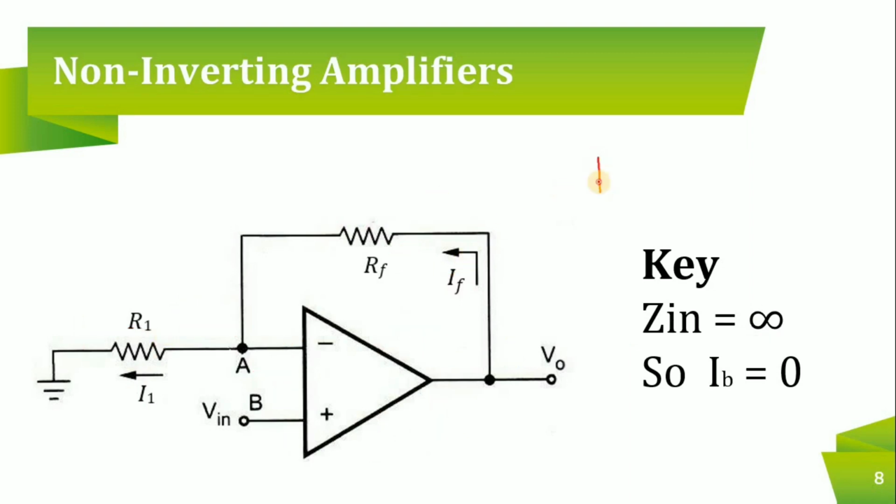So to find the value of IF, I'll write IF is equal to, from where to where is IF moving? IF is moving from V0 to VA. What is the potential at VA? Now look at the potential at VB. At what potential is VB? VB is at the potential Vin.